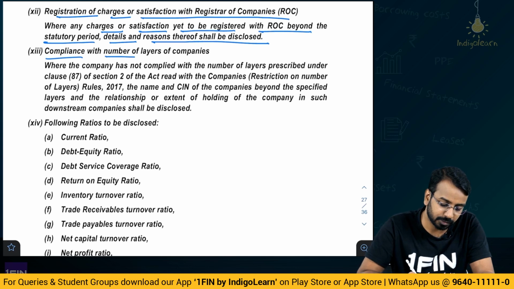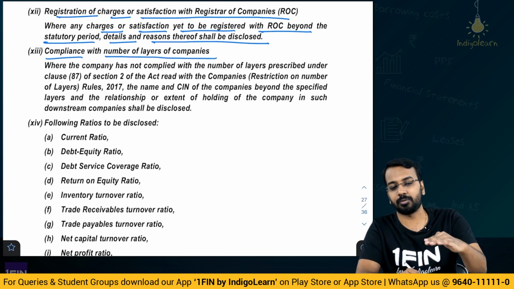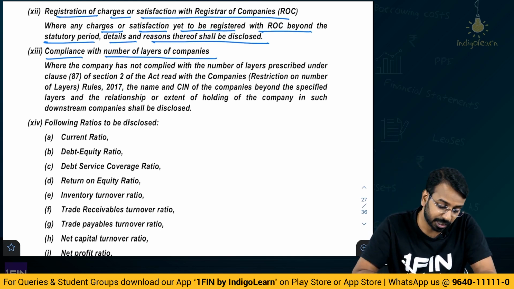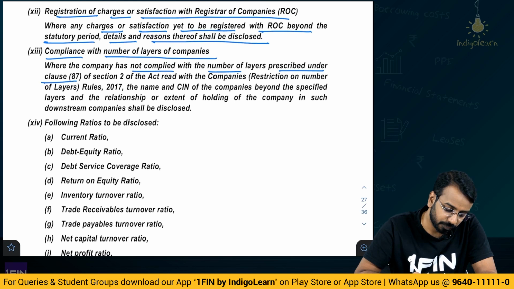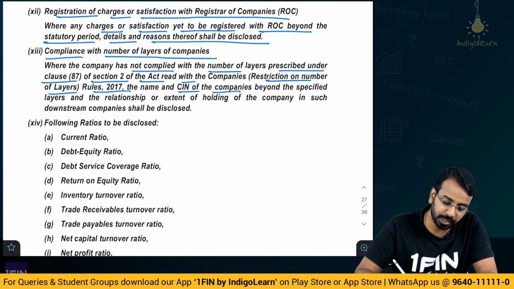Compliance with number of layers of companies. So, there is a requirement which says you cannot have more than so many layers of subsidiaries. So, where the company has not complied with the number of layers prescribed under clause 87 of section 2 of the Act, read with the Companies (Restriction on number of Layers) Rules, the name and CIN of the companies beyond the specified layers and the relationship or extent of holding of the company in such downstream companies shall be disclosed.